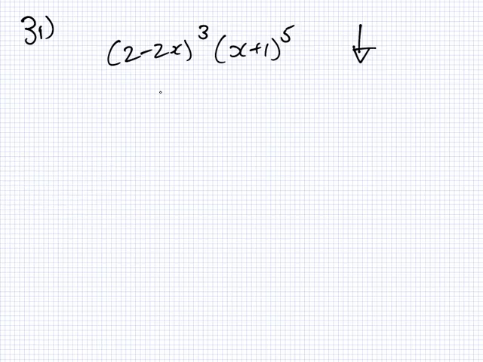So we have the first 3 terms, so I don't need to expand fully. I just need to get the first 3 in each. I won't put the brackets in just yet in case I need more space. So this would be 2 minus 2x. Can we multiply them?